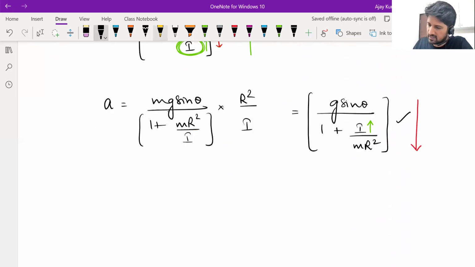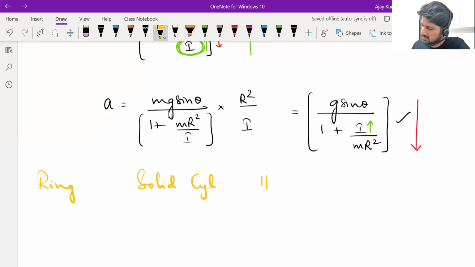So suppose there is a ring, solid cylinder. Ring or hollow cylinder, their behavior will be the same. Disc or solid cylinder, their behavior will be the same. And then let's say there is a hollow sphere and a solid sphere, all having the same mass and radius.